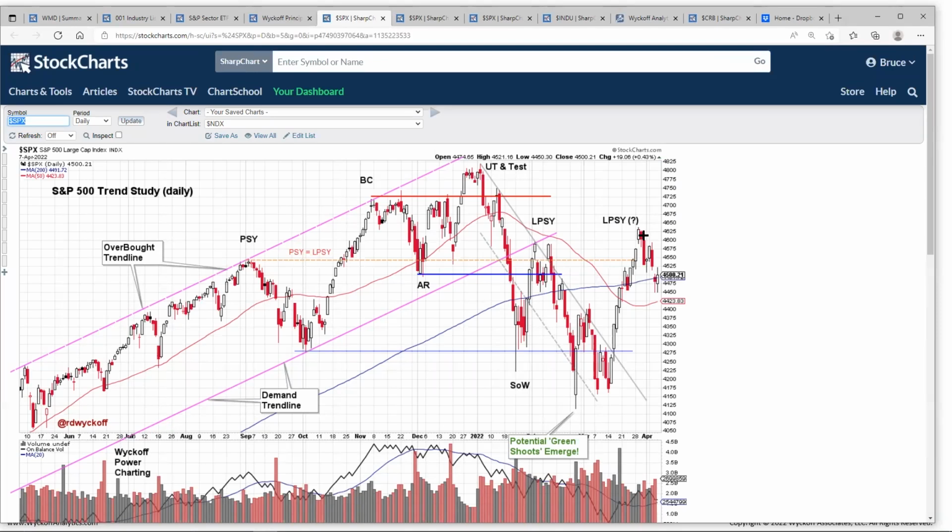Well, the bullish interpretation would be that we would like to see it hold the 200-day right here, become dull and quiet and consolidate in this area, and then be able to go up again. And there is a case to be made for that. And also, as I have pointed out here in Power Charting, there were a number of bullish green shoots: breadth non-confirmation of the lows, a solid accumulation type structure, stronger bullish percent data, not only in the S&P, but in the Nasdaq 100 and in other areas.